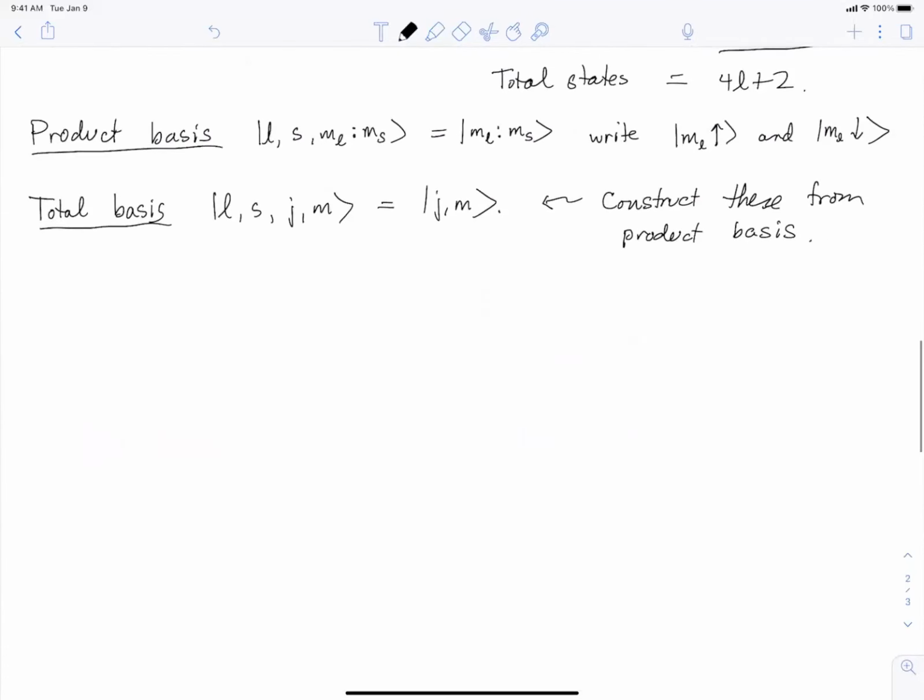All right, so let's start with the case where L is equal to 0, because that's going to turn out to be super easy. And the reason it's super easy is because it turns out the bases are the same, actually, in this special case.